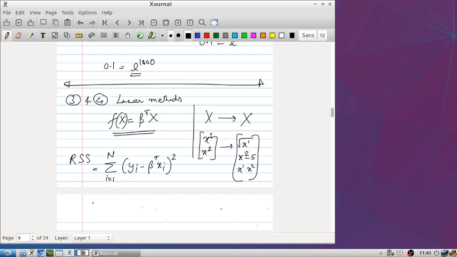And I want to draw two connections, and that's where 3 and 4 are. The 3 part would be that it's related to an assumption, related to a maximum likelihood setup.